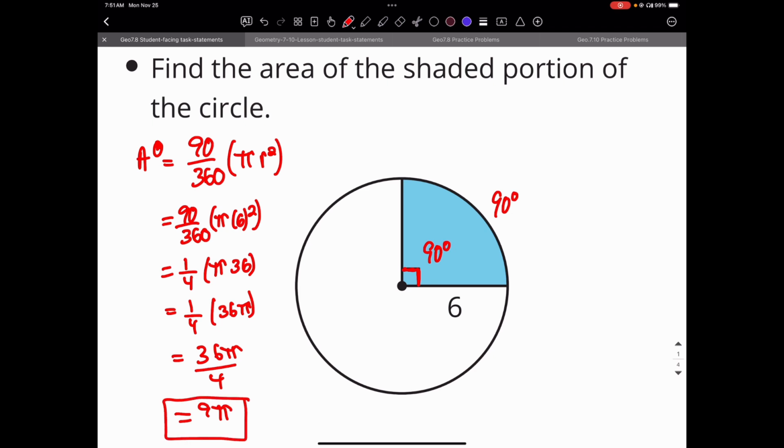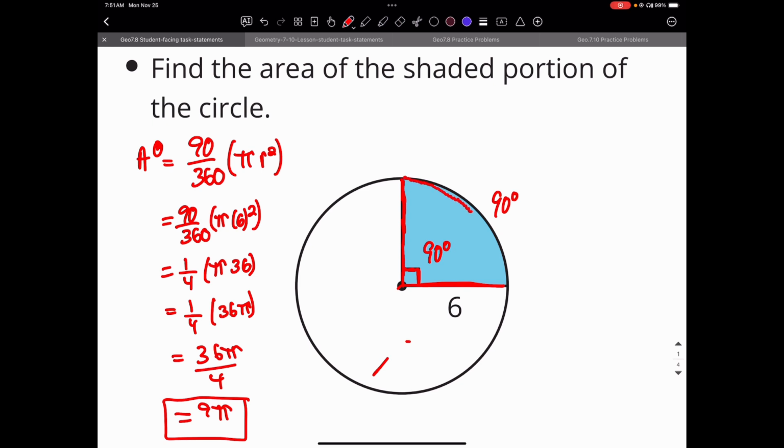So the area of that sector would be 9 pi because the area of the entire circle would be 36 pi, and this is really just a fourth of that overall area.